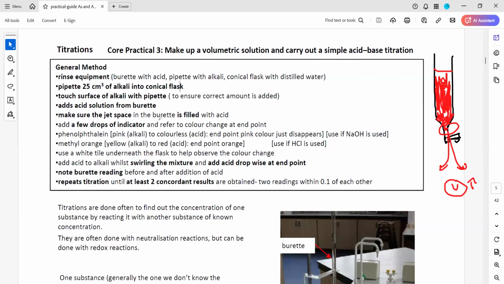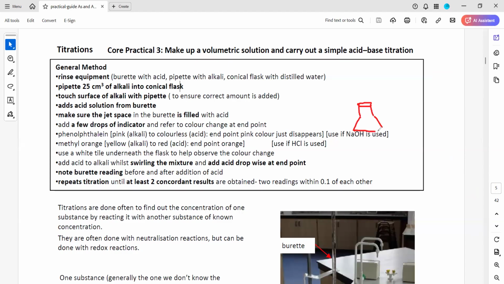So we add a few drops of indicator by using a dropper or a teat pipette. If phenolphthalein is used, these are the common indicators we use, it will be pink in alkaline and colorless in acid. So in this example, the conical flask was filled with an alkali and from the burette we were adding an acid.